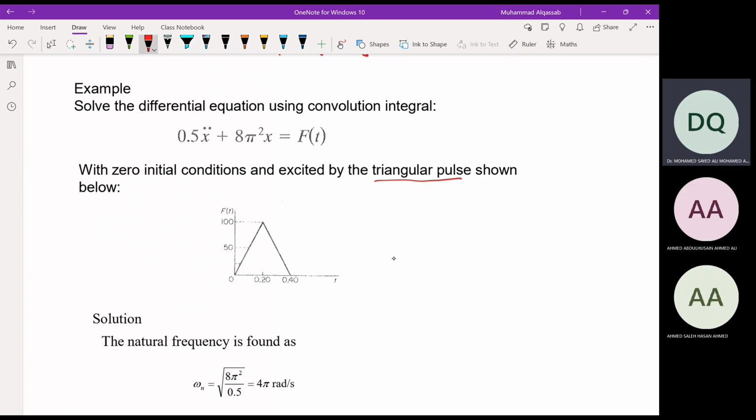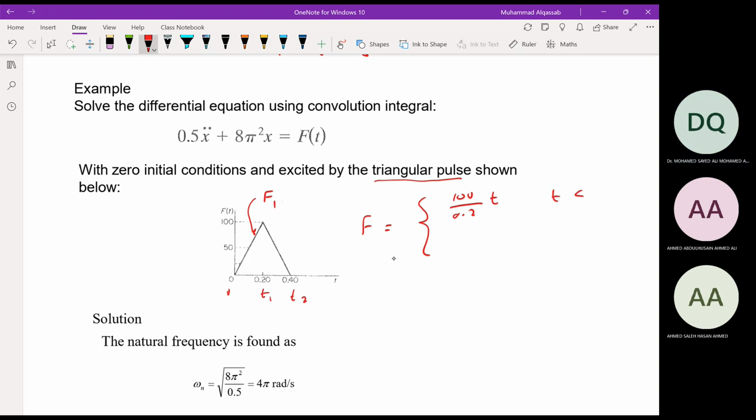So we have 0 here, this is T1, and this is T2. So F can be given as the equation of this line, which we can call F1, which is equal to 100 times 0.2 times t, the equation of a straight line, and this is valid for t less than or equal to 0.2.